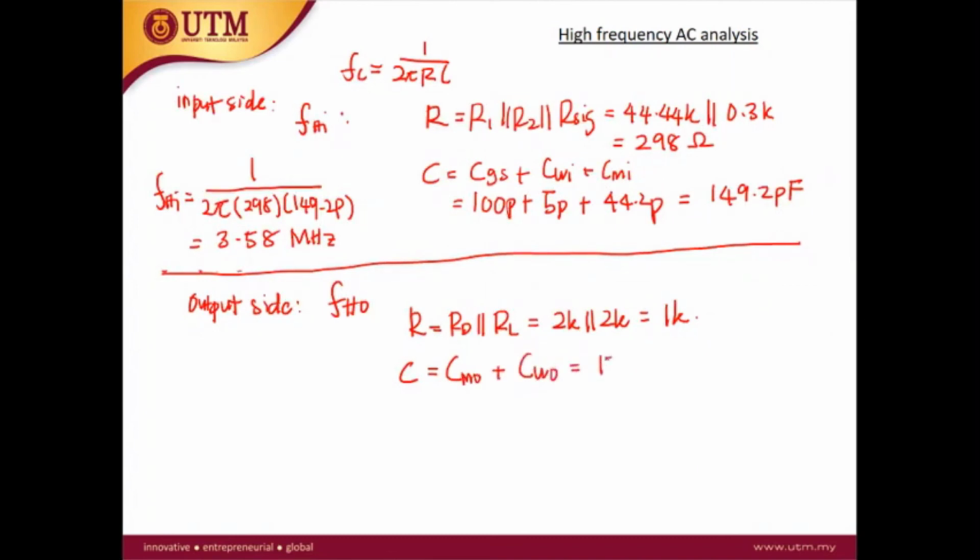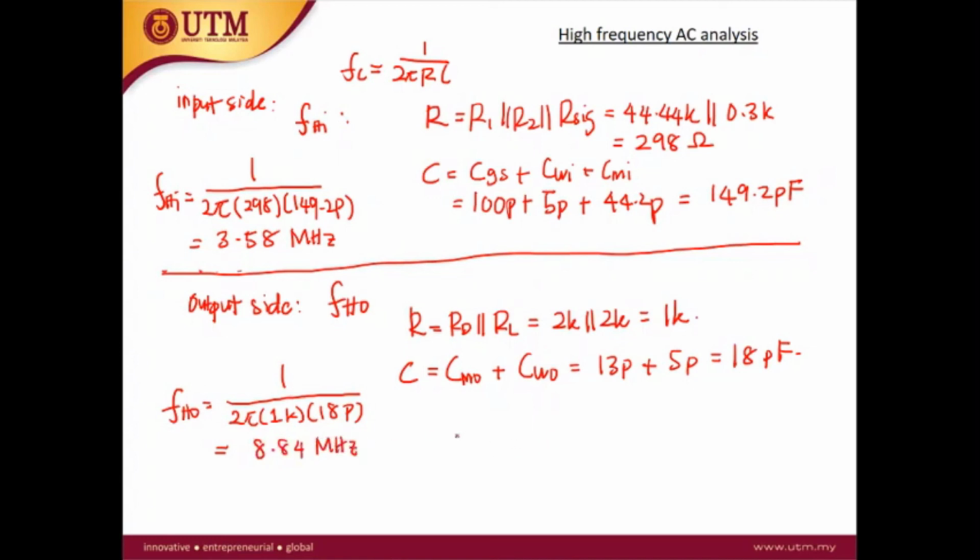CMO is 13 picofarad, CWO is 5 picofarad, so this is 18 picofarad. So FHO is equal to 1 over 2 pi times 1K times 18 pico. This is 8.84 megahertz.